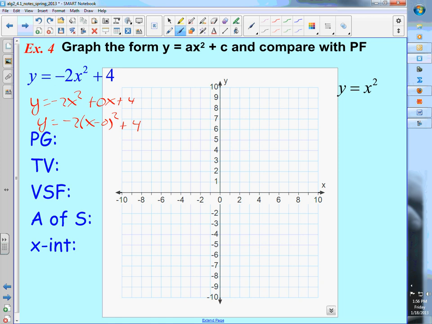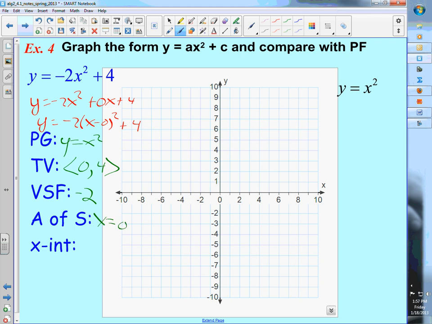I'm also fine with you recognizing when b is not there, like in this example, if you just have an ax squared plus c, then your parent graph will be y equals x squared. Your translation vector will always be 0, comma c. Always, if you're in that form. And your vertical stretch factor is negative 2. Your axis of symmetry is x equals 0.